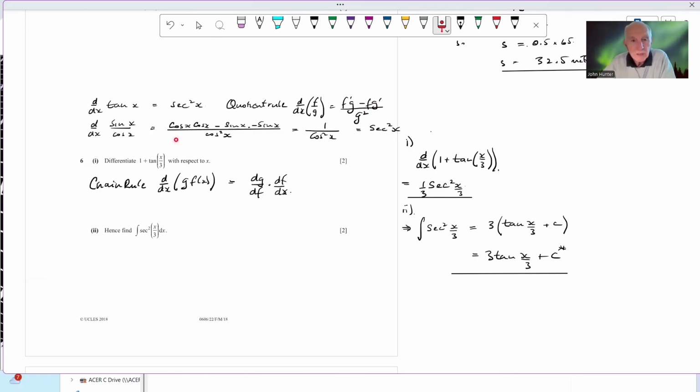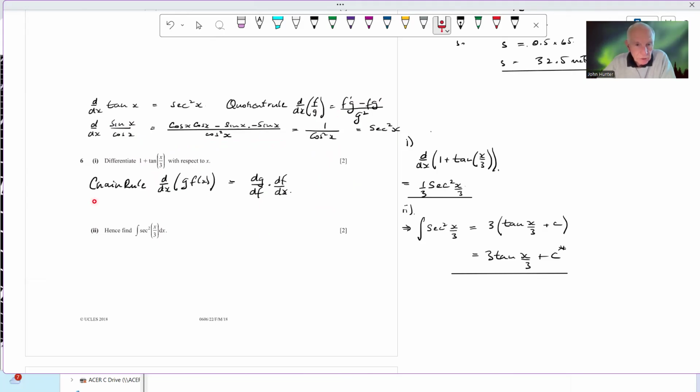So if we did that on tan x, which is sine x over cosine x, this would be our f, this is our g, and we differentiate that through, we get 1 over cosine squared of x, which is secant squared of x.